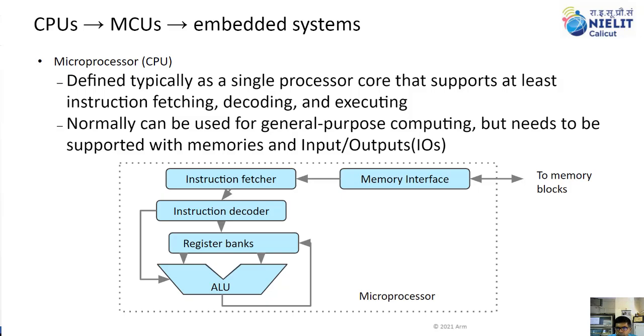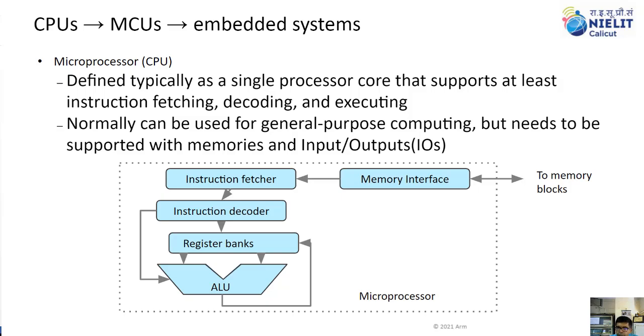A microprocessor is typically defined as a single processor core that supports at least instruction fetching, decoding and executing. Those are the three pipeline stages, and normally it is used for general purpose computing, but needs to be supported with IOs as well as memory. You can see the core components of a microprocessor: the arithmetic logic unit, register banks, instruction decoder, and memory interfaces connected to the memory blocks.